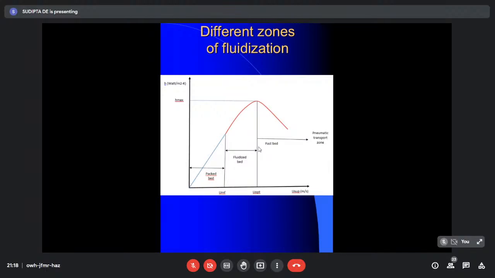But above a certain velocity, why does it decrease? Above a certain velocity, the particle density within the air will decrease. Then you are losing heat transfer coefficient because sufficient particles are not there, and effectively it tends back towards gas heat exchange rather than fluidized bed heat exchange. So that zone is called the fast bed or the pneumatic transport zone.